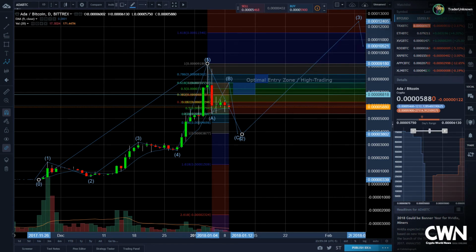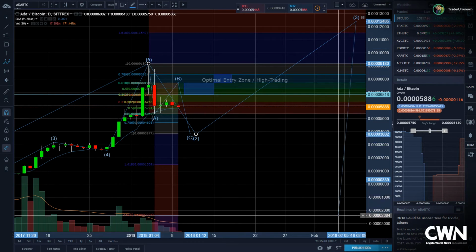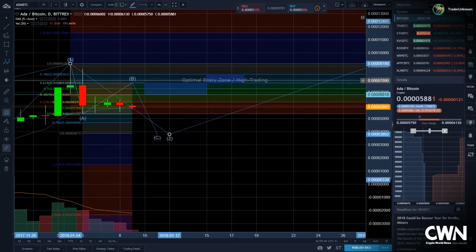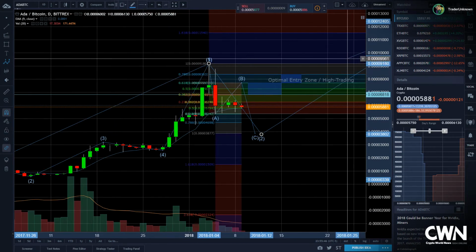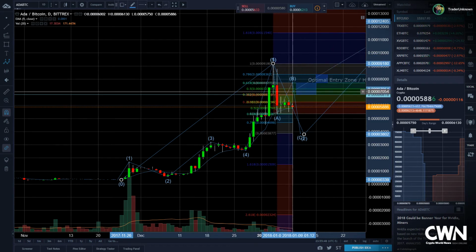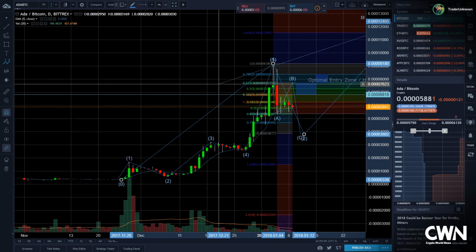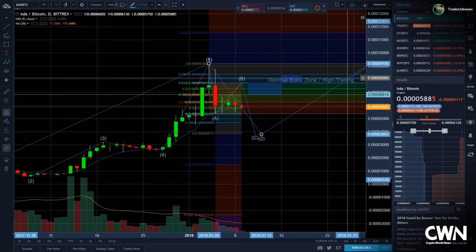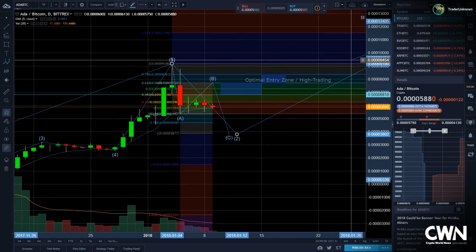If you currently own it, I would just hold because this is going much, much higher. And I always get stuck with these charts, so sorry about that. But if we get our 5 up, 3 down, that's a larger degree 1, 2. And then we'd be entering into a new up leg, a new up wave.